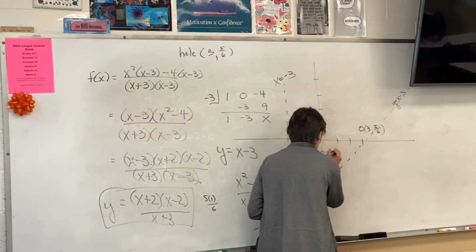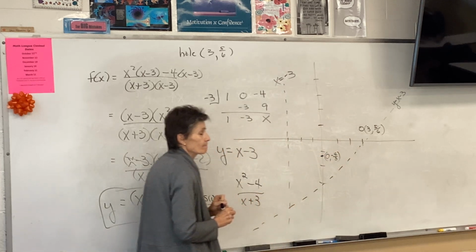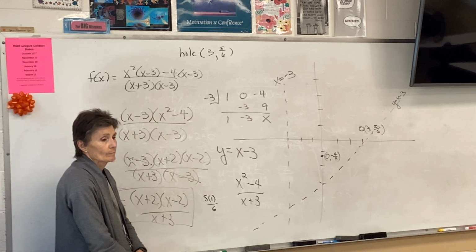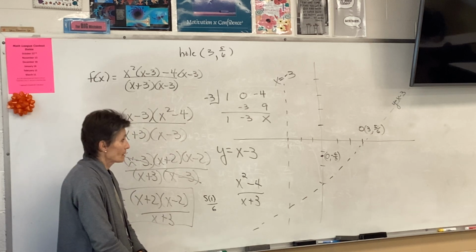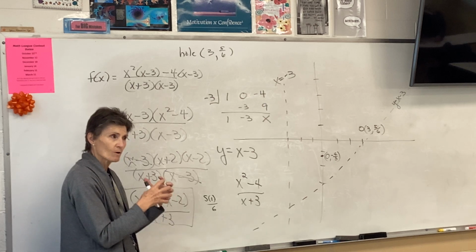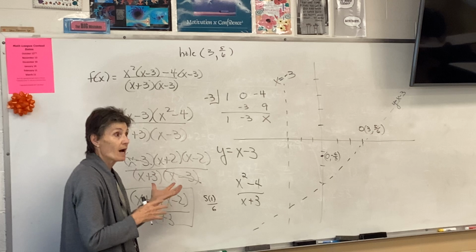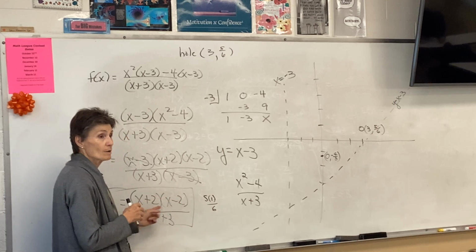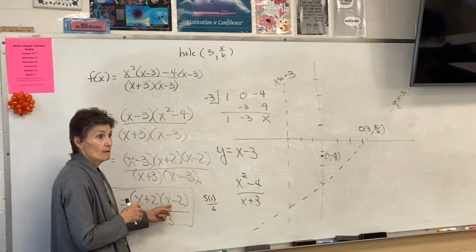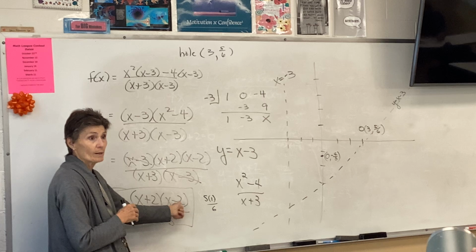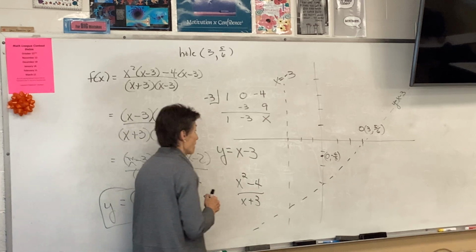Double check my math on that. And how do I get my x-intercepts? Where do they come from? They come from the top, from the numerator. So if I look at it in factored form, it's pretty easy to see my x-intercepts are going to be at -2 and 2.